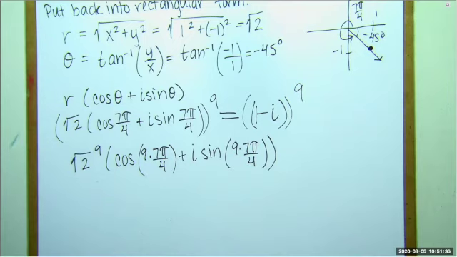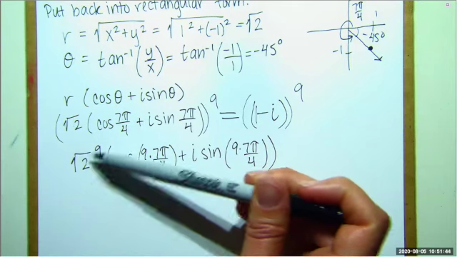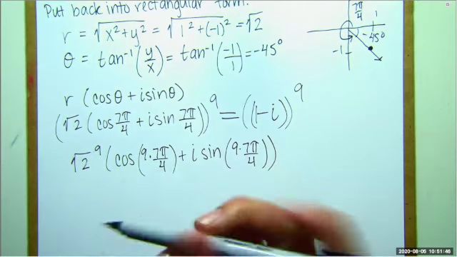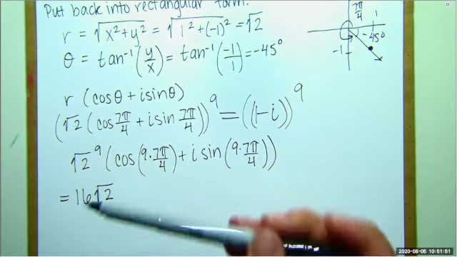Okay, so square root 2 to the 9th, you could either think through this, square root 2 times square root 2 times square root 2, 9 times, or you could remind yourself that the square root is the 1/2, so this is 2 to the 9 over 2. However you want to do this, you should get 16 root 2.